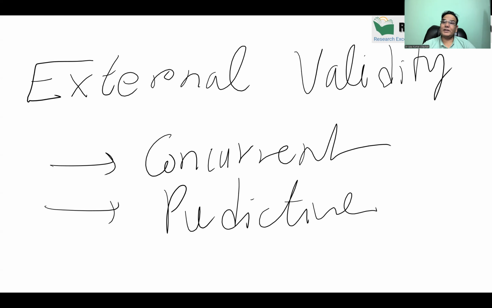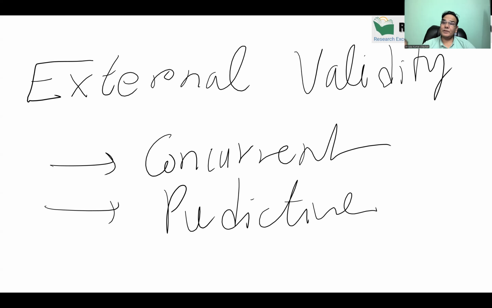Now, what is predictive validity? If you conduct the experiment after 2 years, after 3 years, after 5 years, so you are conducting the same experiment at different points of time and finding the same result. So with time, if the experiment is giving the same result, this is called predictive validity.